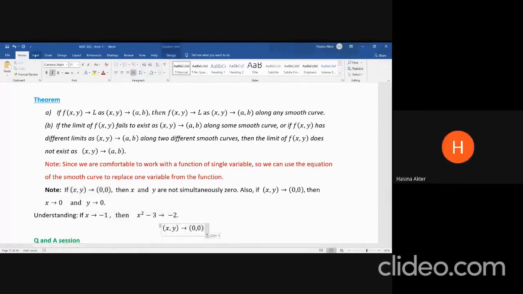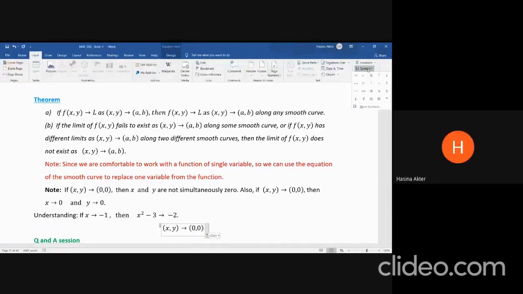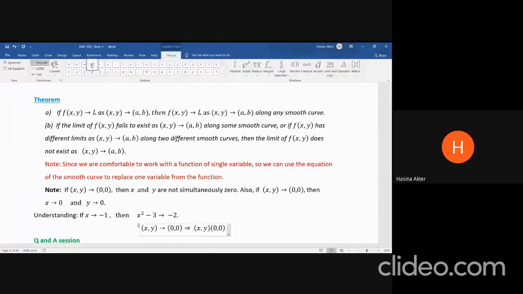Since x=0 and y=0 simultaneously is not possible, either x is 0 or y is 0 or none of them is 0.